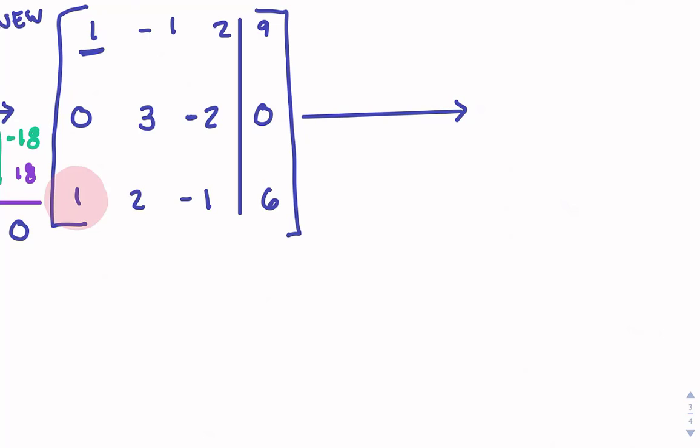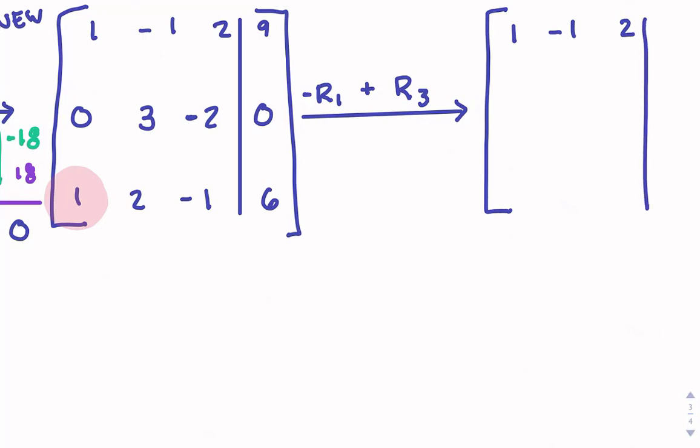That would be -1. So I'm going to multiply row 1 by -1 and add it to row 3. I add it to row 3 because that's the one I want to change, so rows 1 and 2 stay the same.